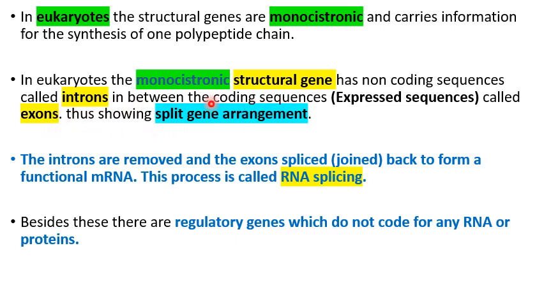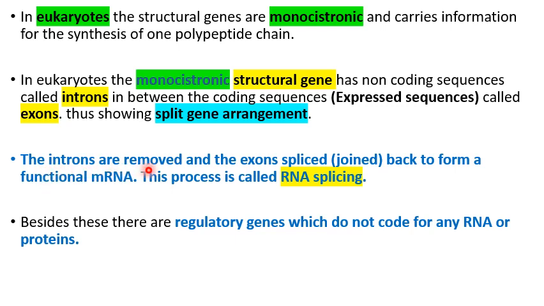So obviously, if there are certain sequences in the messenger RNA which are non-coding, that means they do not code for that particular polypeptide chain, what is the best thing to do? To remove them.